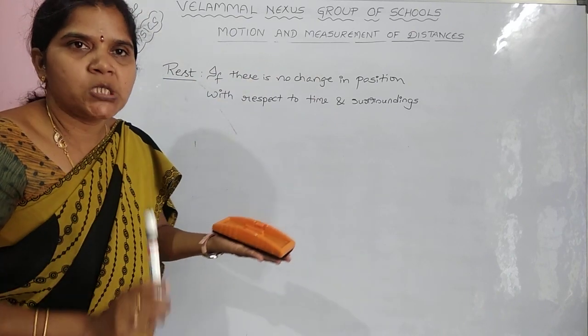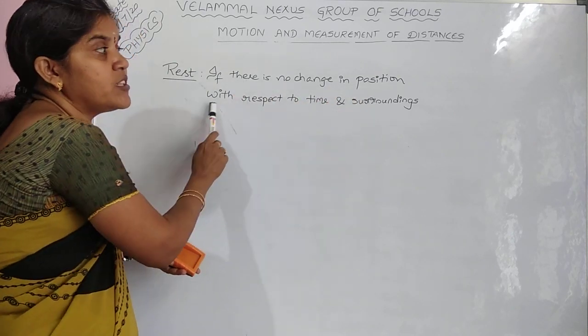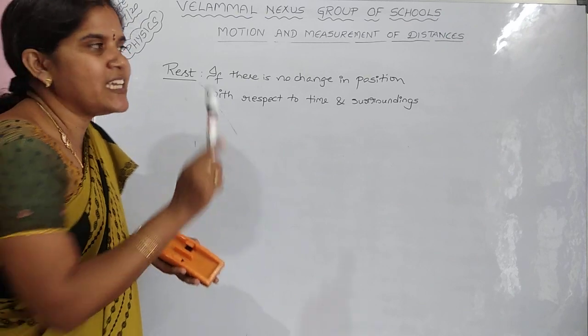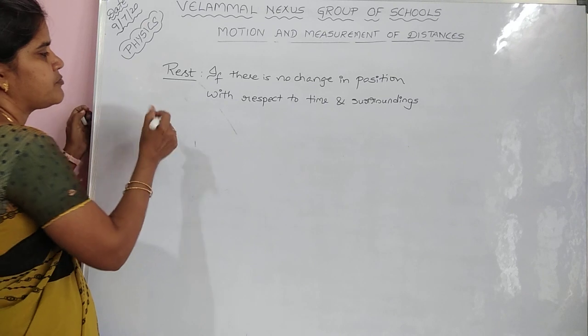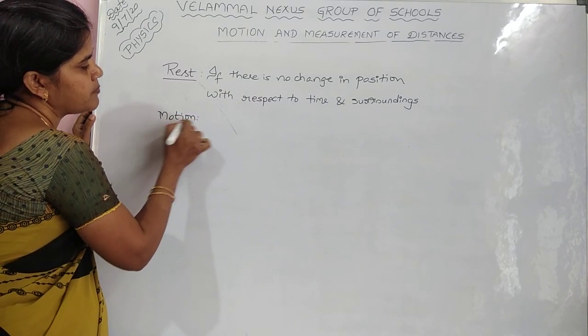That means, repeat, children: if there is no change in position with respect to time and surroundings, the body is said to be in rest position. Then motion. What is motion, children?